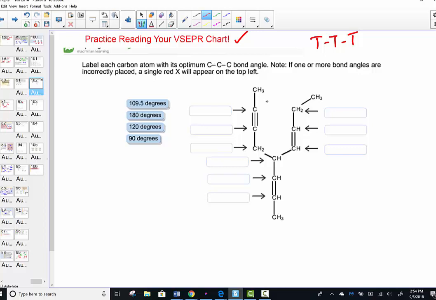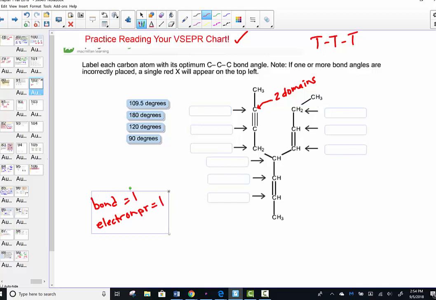Look to see right here, this carbon is being asked for. How many electron domains do you see? I count 2 domains. Remember, a domain is any bond. I don't care if it is a single, double, or triple, any bond counts as one domain. An electron pair counts as a domain.